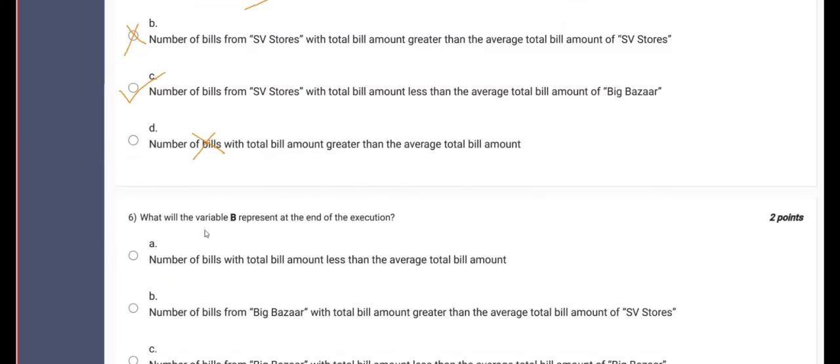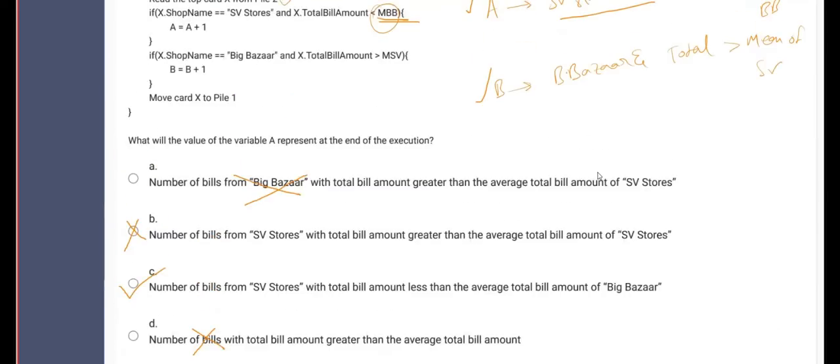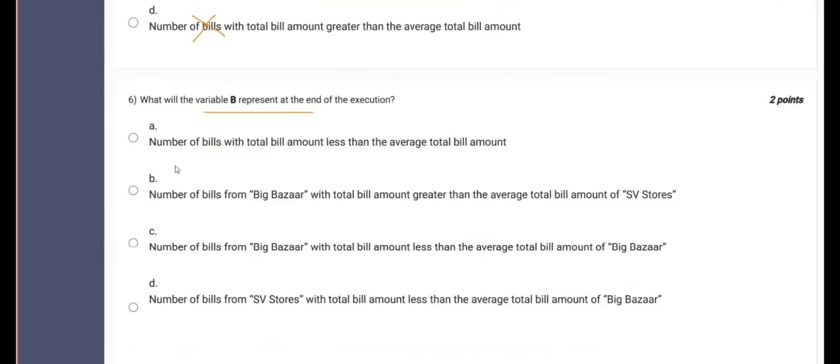And what is B here? B is that variable which gives the user the total bills from the shop called Big Bazaar with the total billing amount greater than the mean of SV stores.